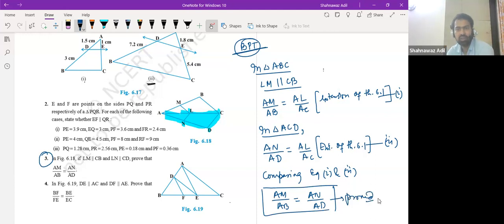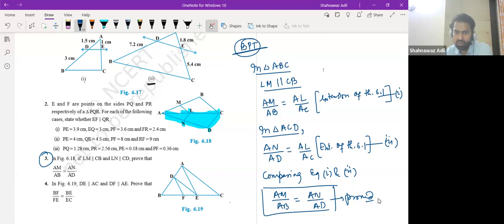Is this the method that your teacher taught you? No, sir. It was something very lengthy. She did AM upon MB is equal to AN upon ND. Then she took the reciprocal, MB upon AM is equal to ND upon AN.